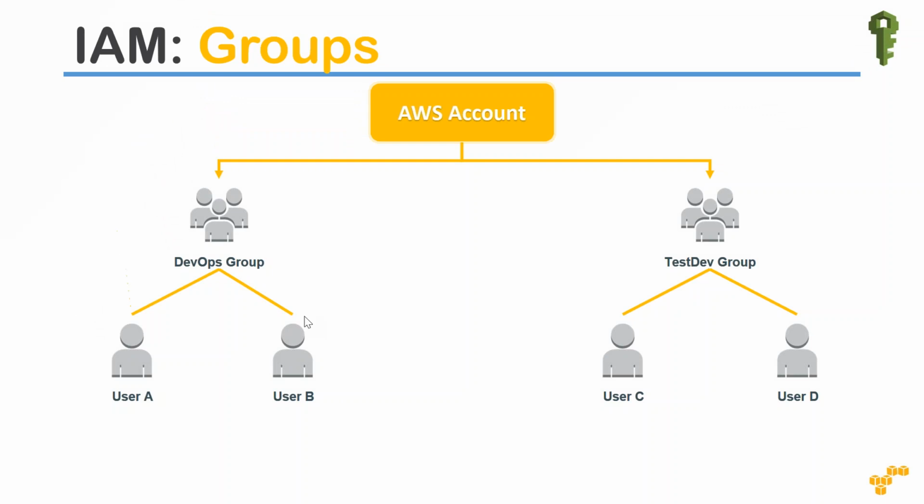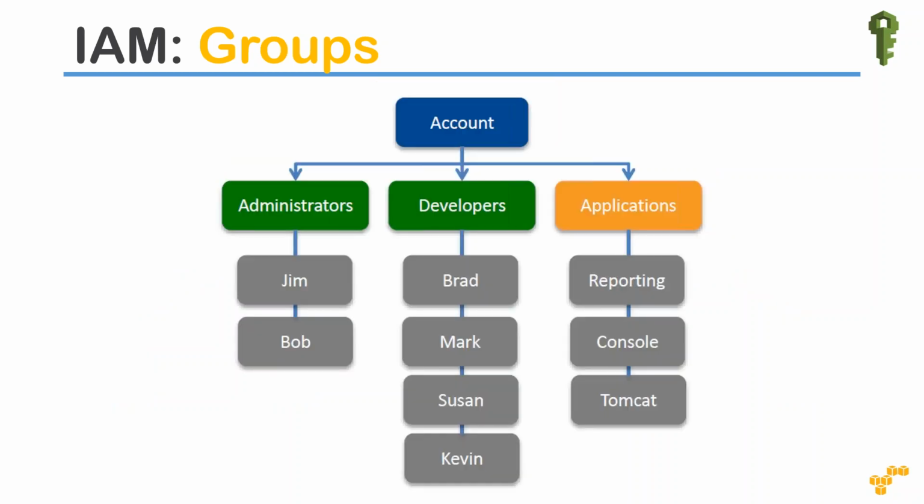Very straightforward concept that we are all used to in the on-premise world. If anybody has set up AD, it works on almost the same level. You can even integrate your AD with Amazon IAM. So this is another way of setting up groups. Quite often this also is possible. You have a client and then administrators will be put in one group, developers will be in another group, and applications will be running under roles.